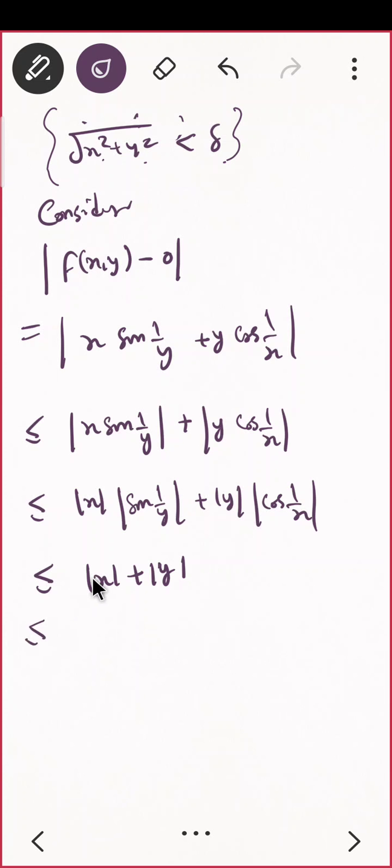I have already told you, this is mod x, so what do we do with it? Can I write this as x square and this as y square? Okay, now you should answer. Now what do I do? Yes, can I relate with this now?